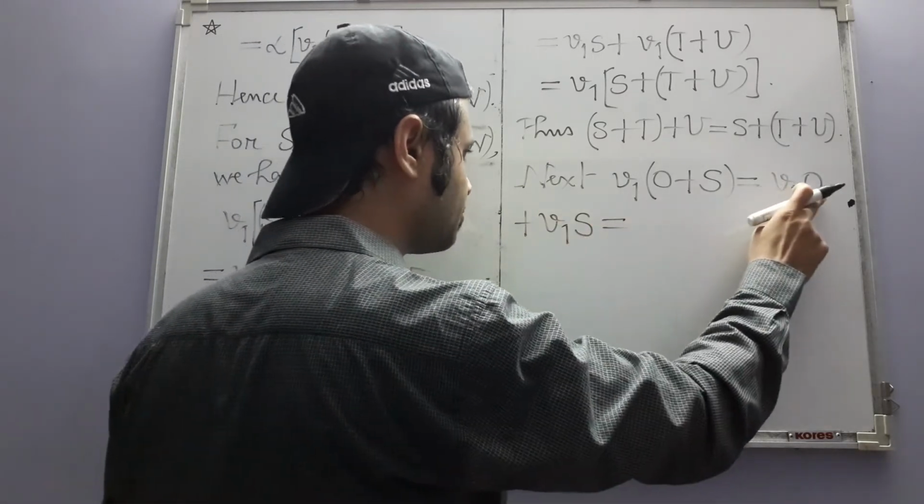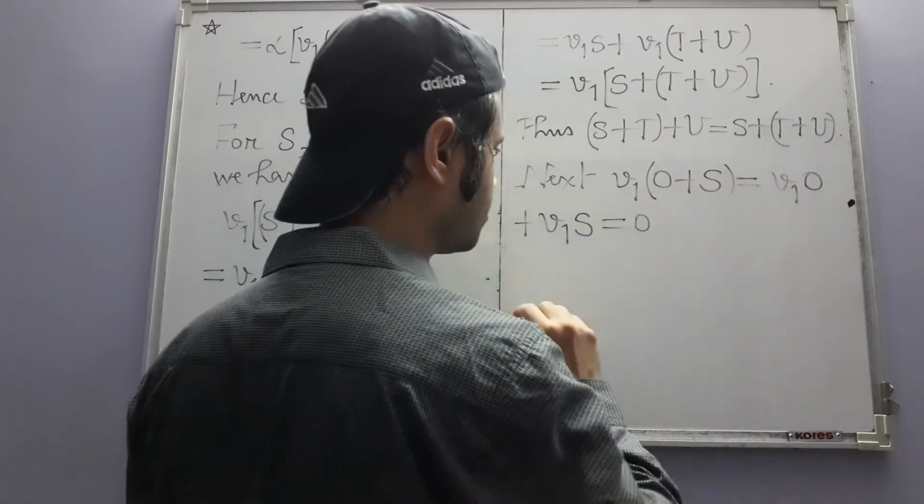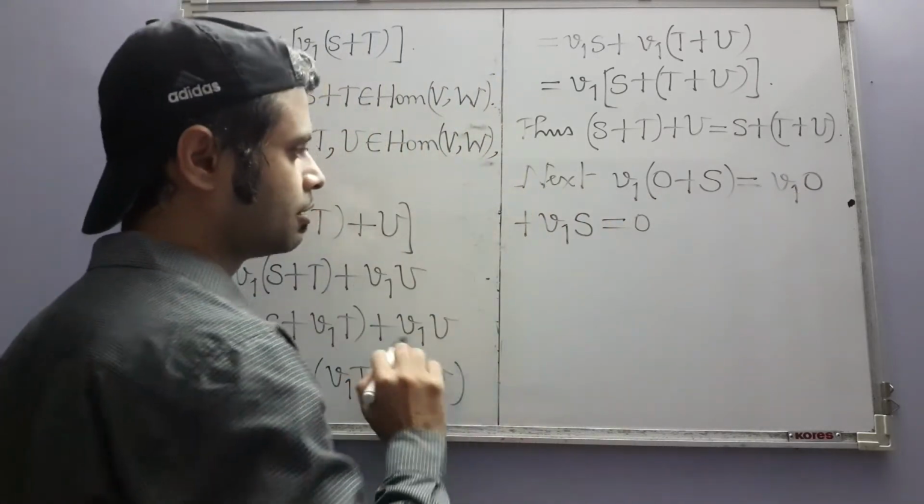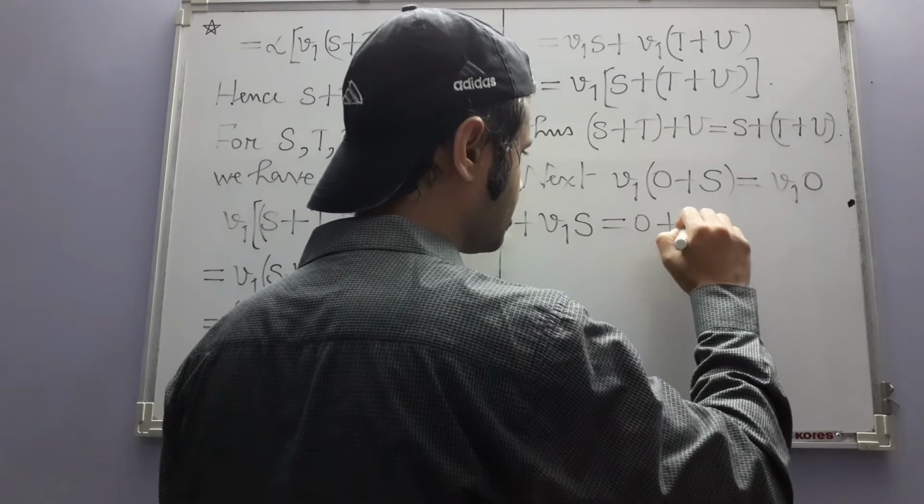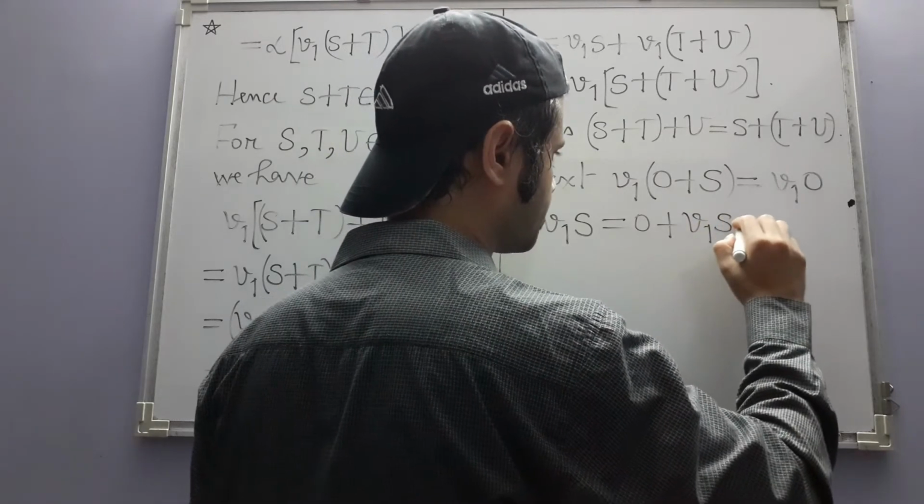Now by the definition of the 0 function itself, this is equal to the 0 element of the space W plus V1S.